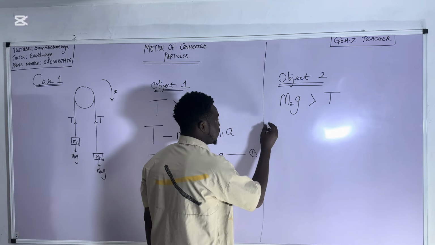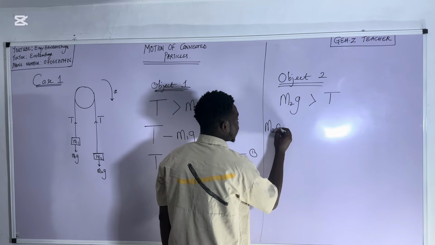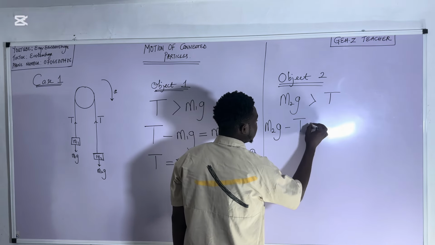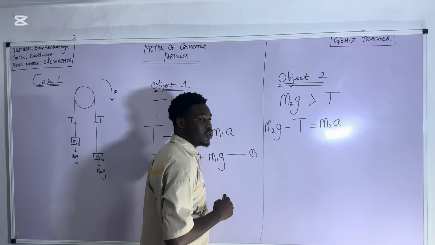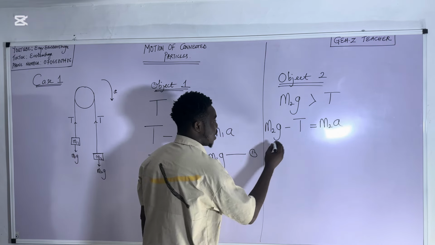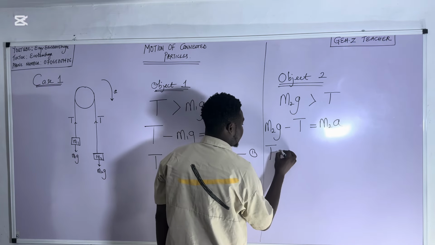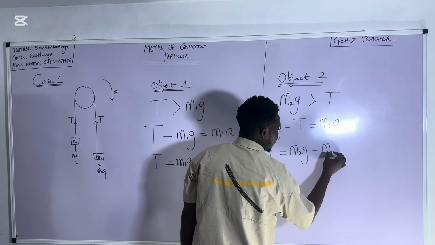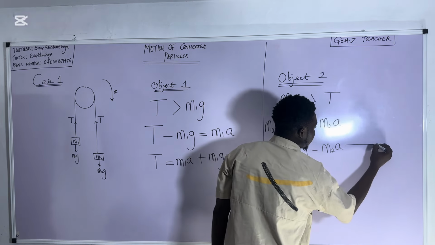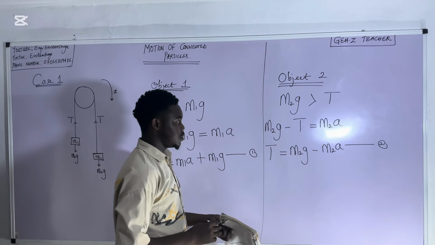So we're now going to say m2g minus tension becomes m2a. Let's make the tension the subject of formula. We're going to have tension equals m2g minus m2a. Equation number 2.